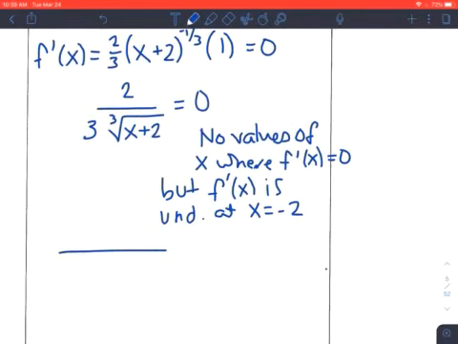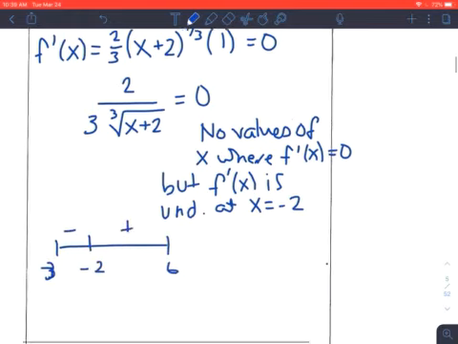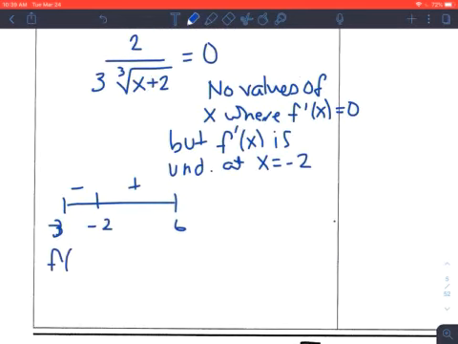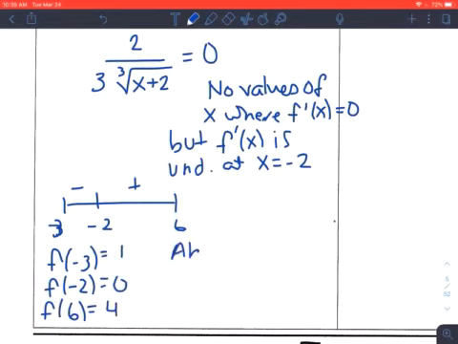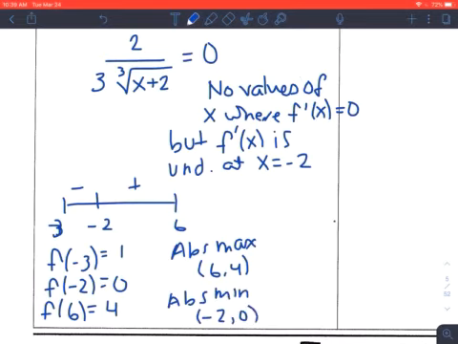So that's going to be our point. We're going to plug in negative 3, 6, negative 2, and find each of those values. And so we have an absolute max at 6, 4, and we have an absolute min at negative 2, 0.